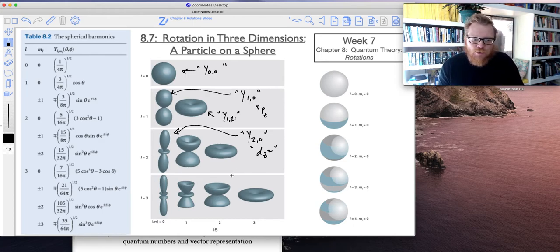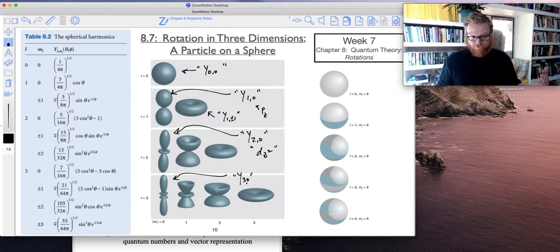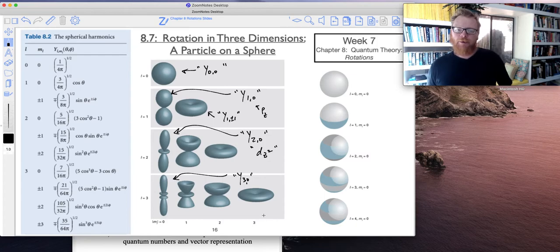And then similarly also the y3,0 looks exactly like an fz orbital. The other orbitals don't quite look like what they're supposed to look like because we haven't dealt with Heisenberg yet, all right? And plus we also haven't dealt with what happens when we change the radius.